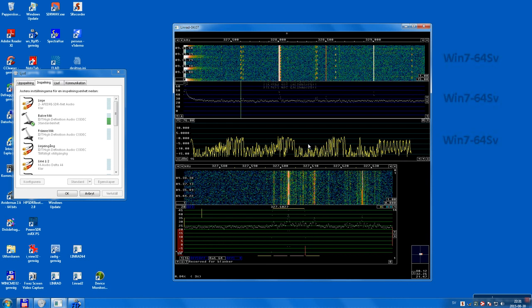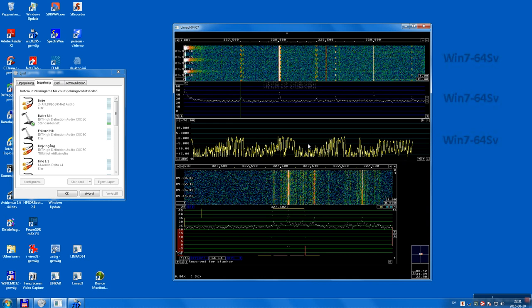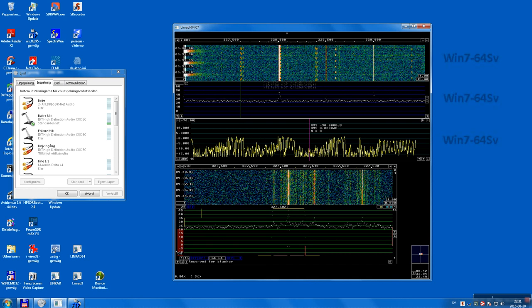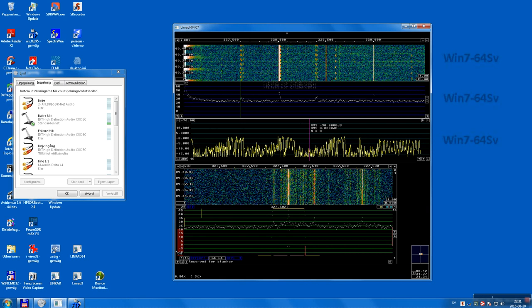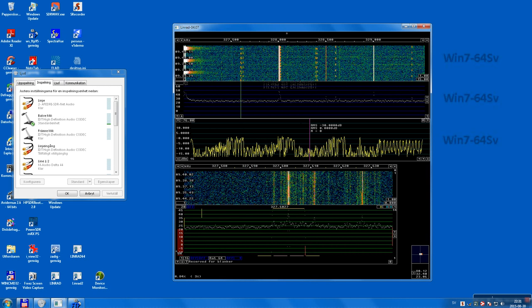It's possible to degrade the signal by pressing F7. So I do that several times now. Oops. That was unintended, but it doesn't matter. So I press F7.